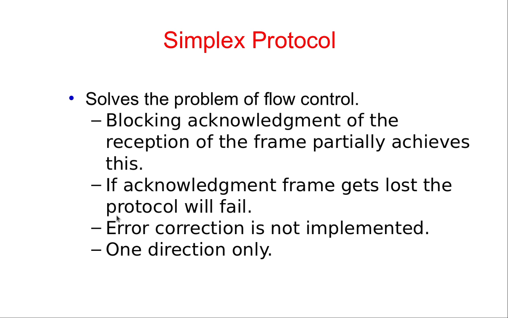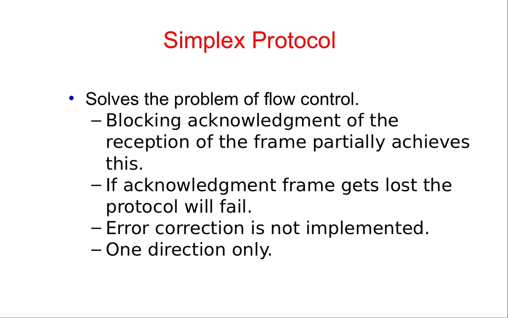Here it solves the problem of flow control. Basically this is done by blocking the sender from sending the next frame until it receives the acknowledgement. But if the acknowledgement frame itself gets lost, the protocol will fail.